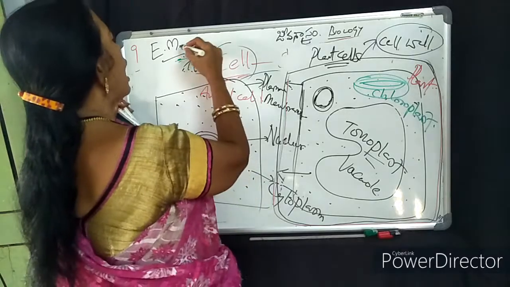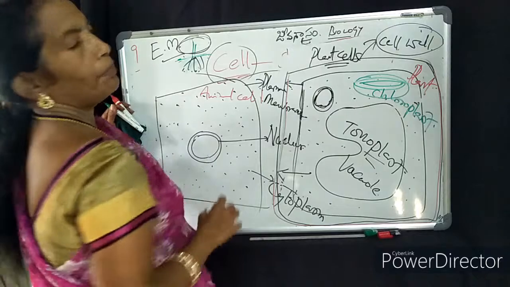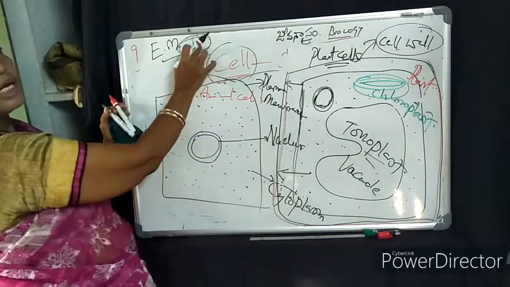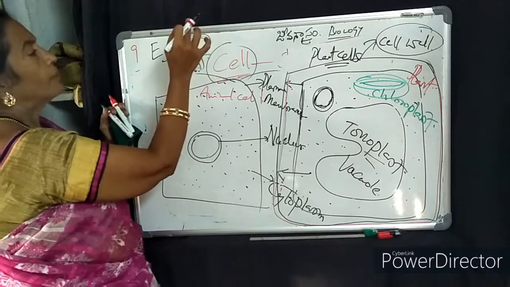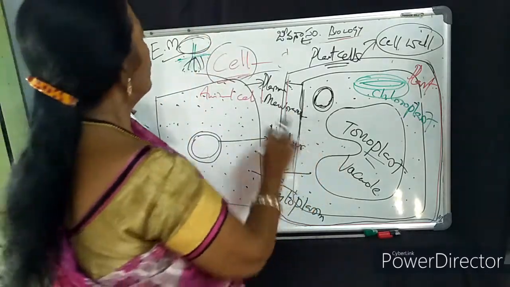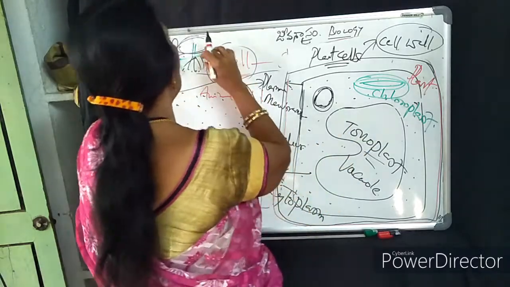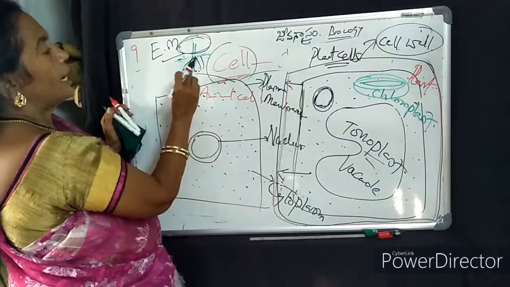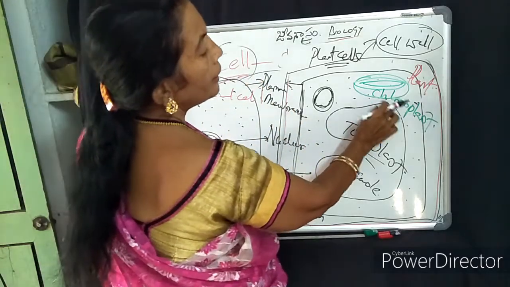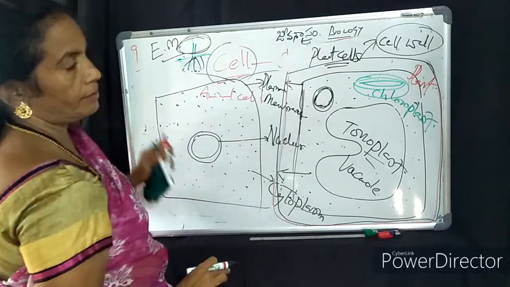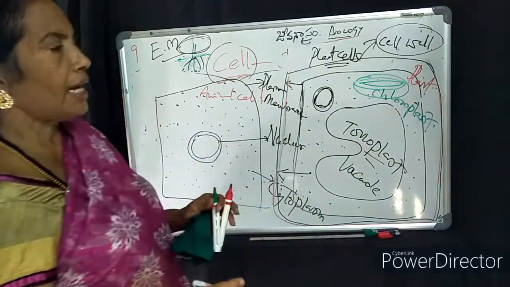But in the outer parts of the plant, that means stem, twigs, leaves, flowers, fruits, vegetables, in each and every outer part, except the roots, we find chloroplast in each cell. So this is the main difference between the plant cell and animal cell.